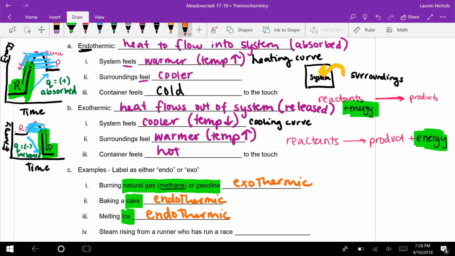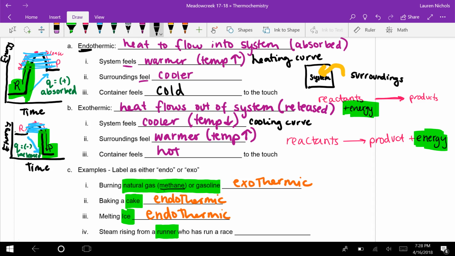And when we look at steam rising from a runner who has run a race, okay, we could look at this from several different perspectives. But if we say that the runner is our system, the runner has just run a race, and we see that steam is rising from them.